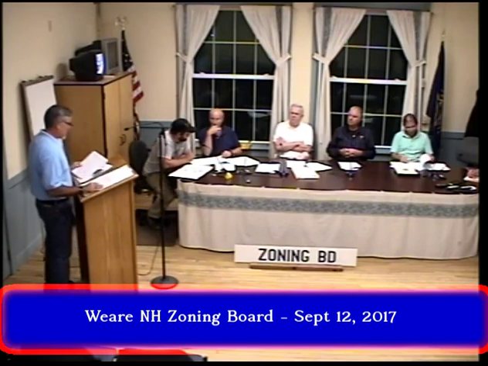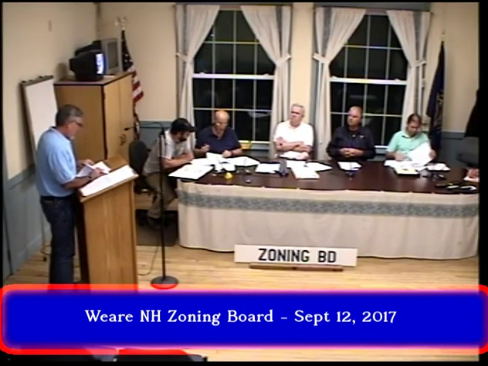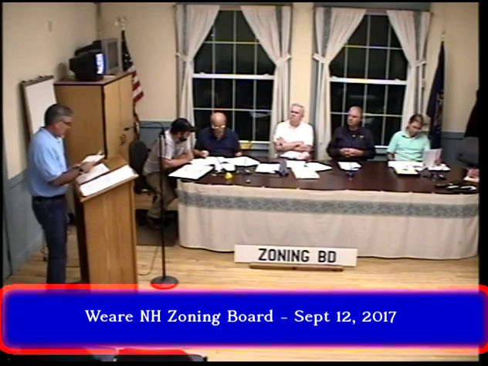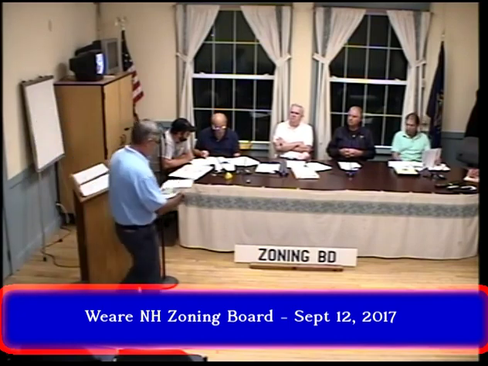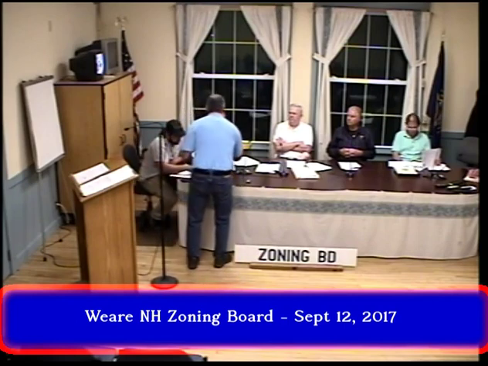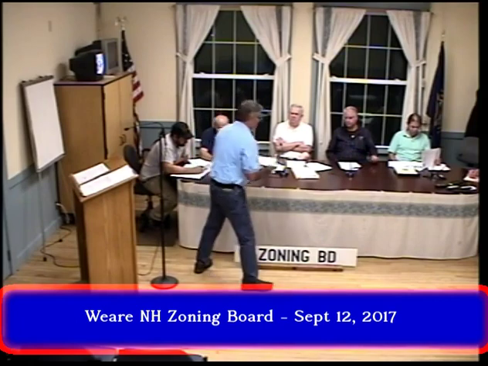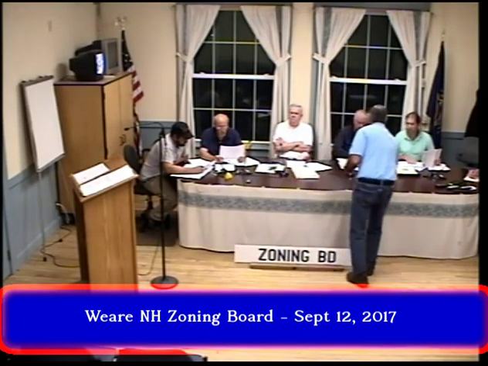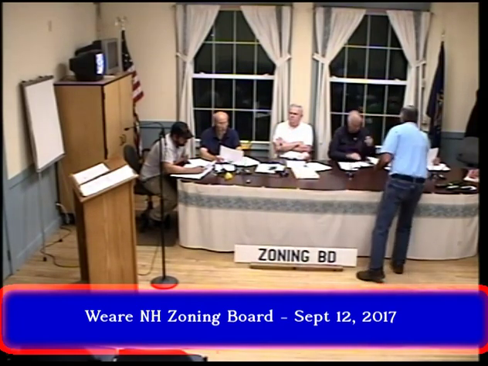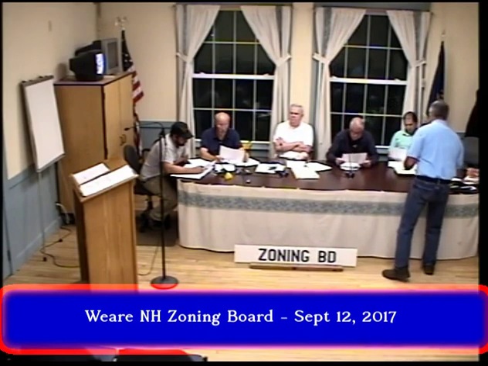So that's basically it. Do you have any photos or anything else? I do have photos. This is the back of the property, and that's the platform that was there. So you're putting this on the bottom? No, it's on the top. Oh, it is off the top? Okay.